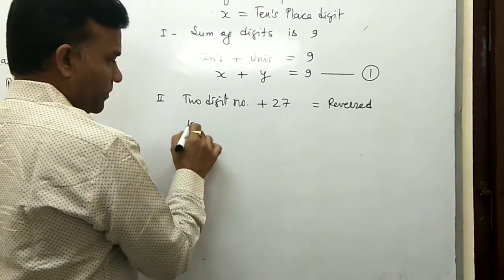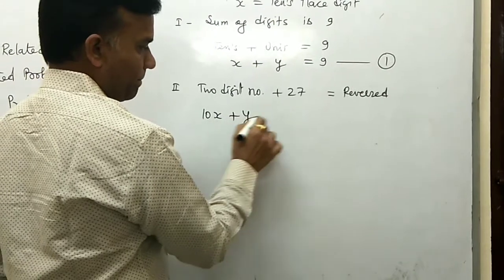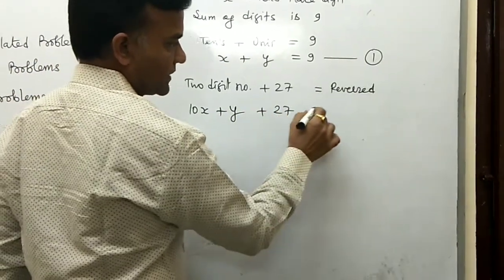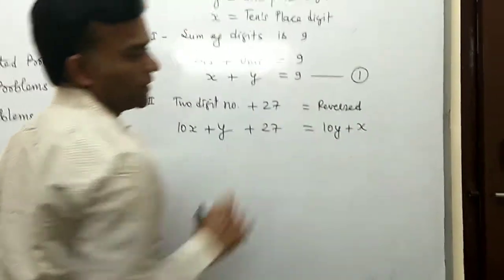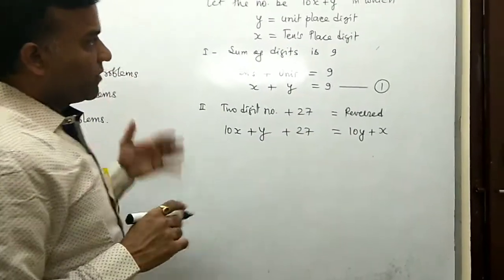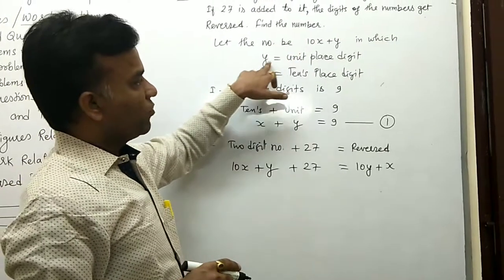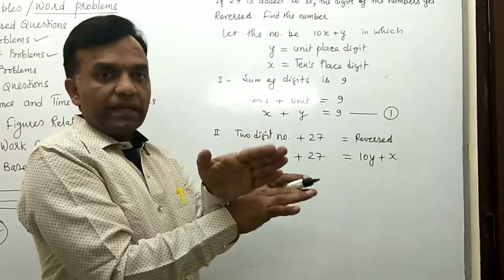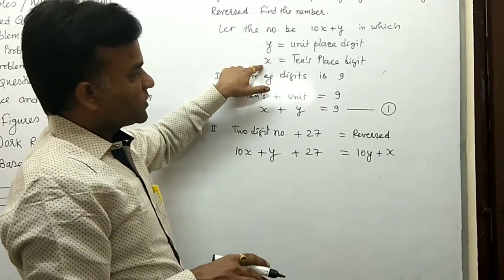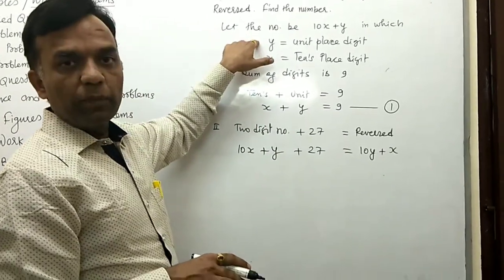So the 2-digit number is 10x plus y, plus 27 as it is. Reversed means now you have 10y plus x, because basically y was the unit place and x the tens place, and in reversing, y becomes the tens place and x becomes the unit place.